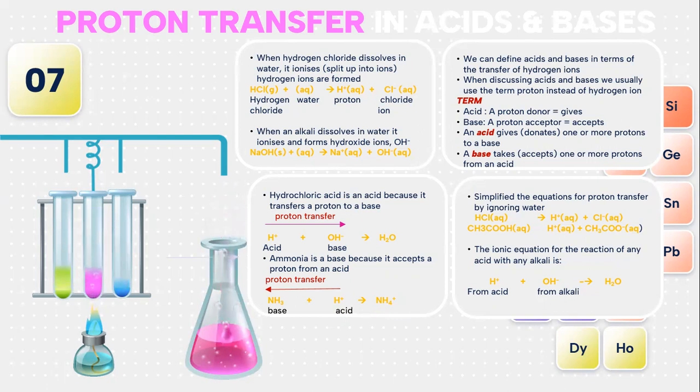The combination of H positive plus Cl negative means the proton transfers from acid, H positive, to Cl negative to form HCl. So the ionic equation for the reaction of any acid with any alkali is acid H positive plus OH negative from alkali to form H2O.